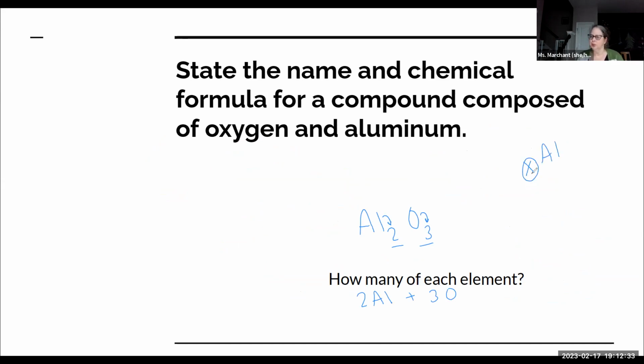We have to save that space for the coefficients, which you'll learn about later if you have not learned about that yet. So that's telling me 2 atoms of aluminum, 3 atoms of oxygen, or more specifically, 2 ions of aluminum and 3 ions of oxygen. So 5 total, if we have to do a total.